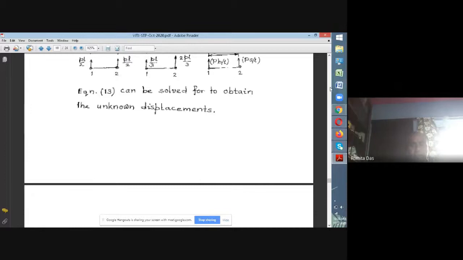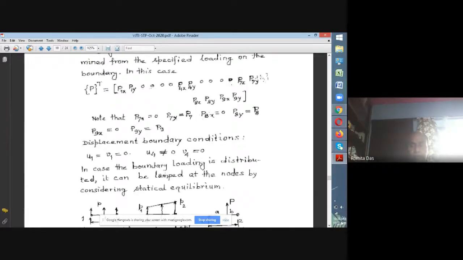Then we spent some time converting the external load specified on the system into nodal loads. In that conversion, we make use of the lumping process. The lumping process is simple. Just consider the total load. How do you apportion it at the two nodes, considering static equilibrium? It is just like a beam supported at the two nodes with a load acting, and you try to convert them into reactions.